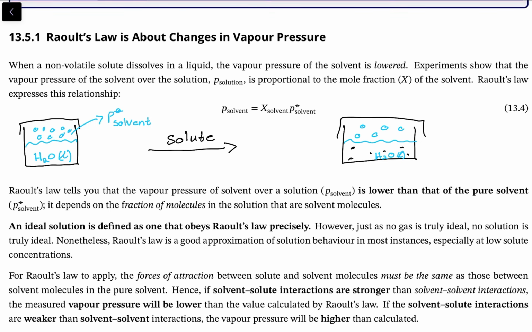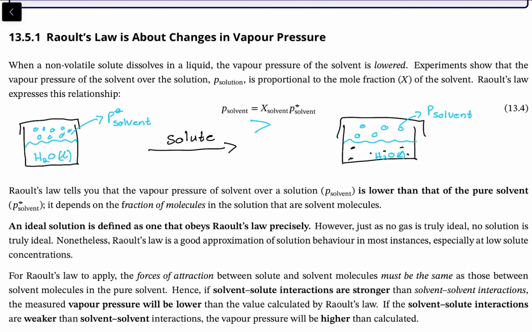So how many dots did I have here on the left? 1, 2, 3, 4, 5, 6, 7, 8. And now 1, 2, 3, 4, 5. So 5 gas bubbles. Meaning our vapor pressure of our solvent is now going to be less than what it is when it's just a pure liquid.